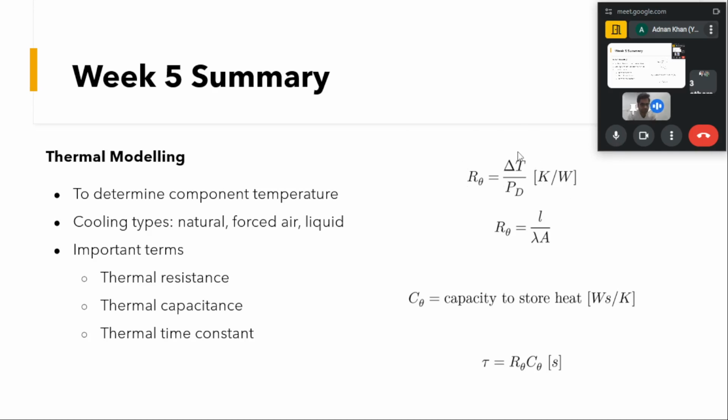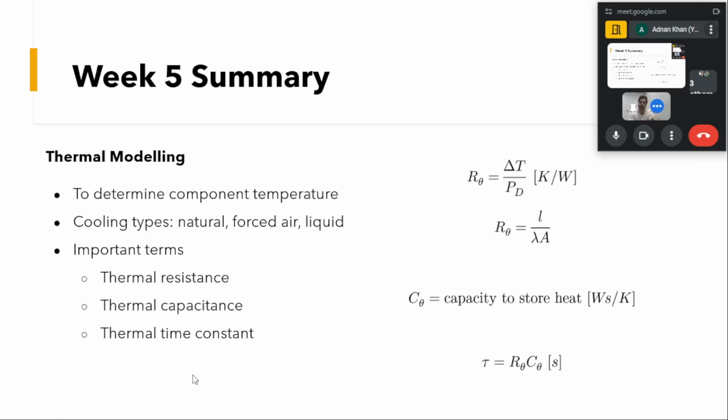And this equation, you can see, is analogous to the electrical equation, where R theta is the thermal resistance, and delta T is analogous to the voltage difference, and P is analogous to the current in the electrical circuitry. And you can see R theta is equal to L divided by the thermal coefficient times A, that means R theta is also dependent upon the geometry, shape and size of the heat sink or of the device.